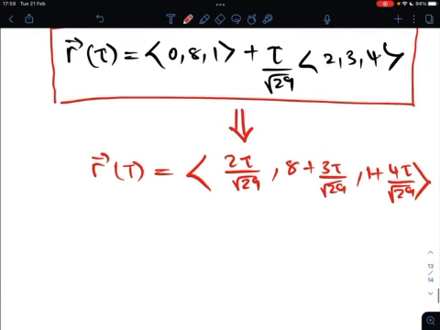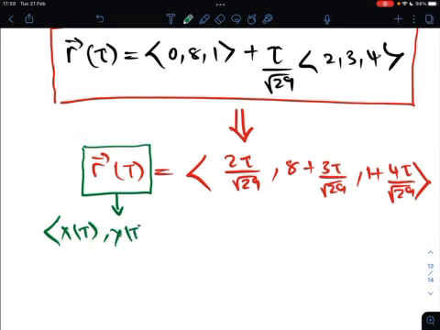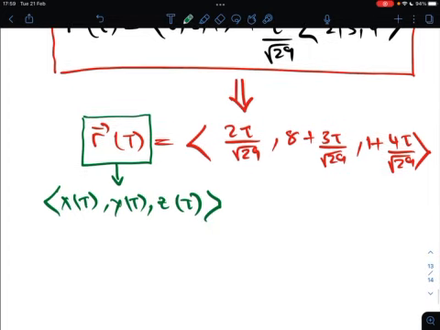Then the next thing you should recall is what this thing exactly is. r of tau just represents (x of tau, y of tau, z of tau). So in this case, x is simply 2 over root 29 times tau.